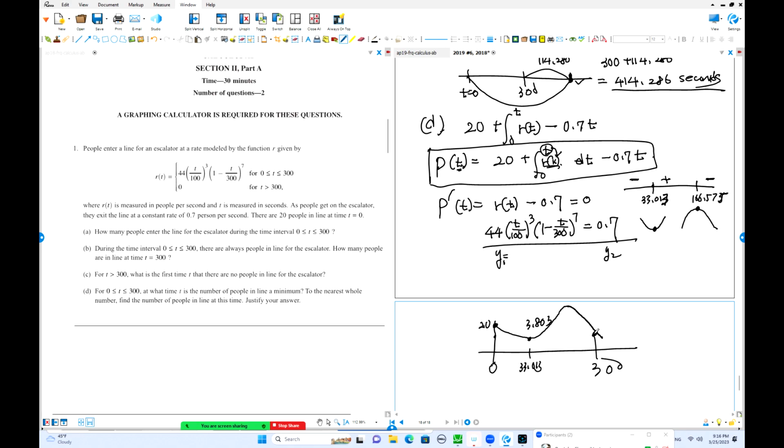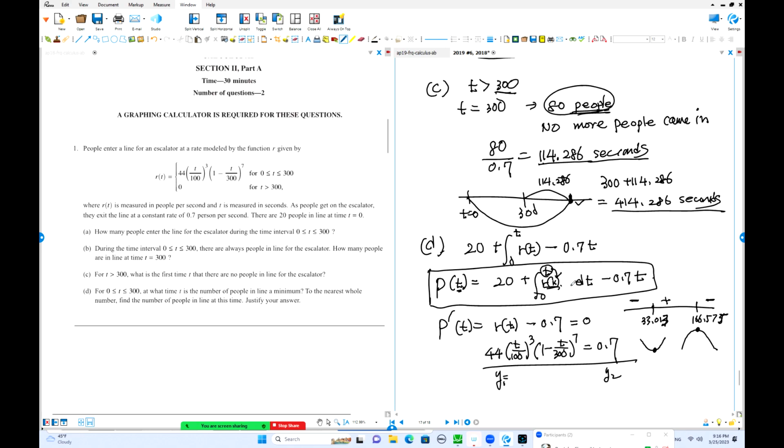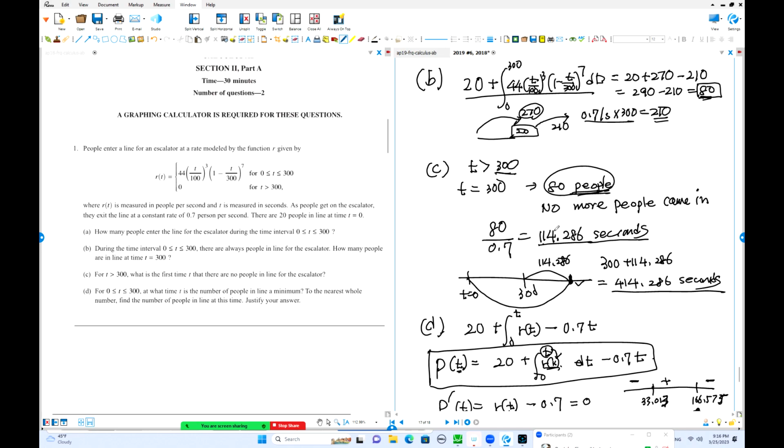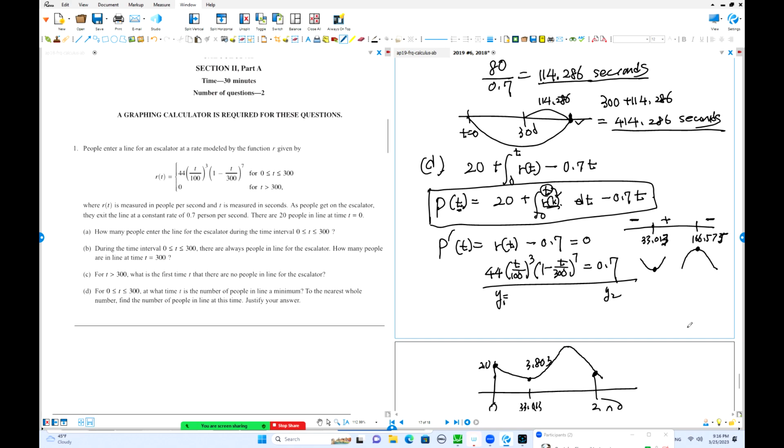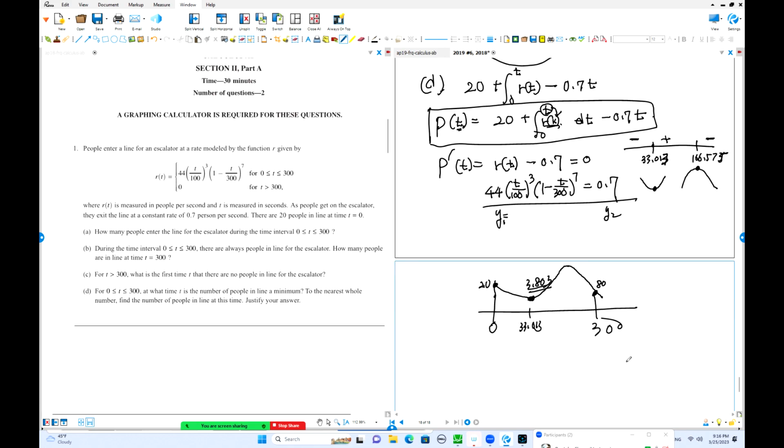At 300, what happens? There are 80 people left over here, right? But this is the lowest point, 3.8. So find the number of members in line. The absolute minimum is 3.8 people at time t equals 33.013. Okay, that's the answer.